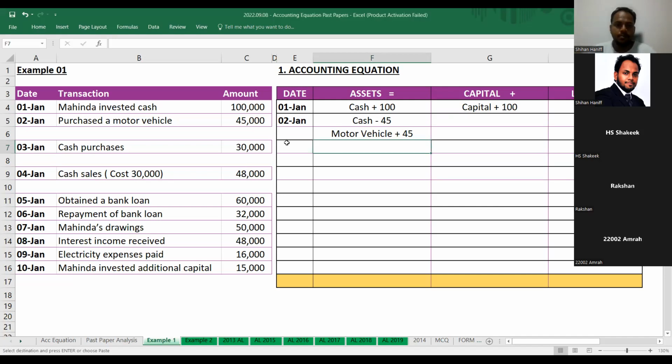Cash purchases, you give cash and buy stock. If they don't mention the asset name, if they say just purchases, that means they are purchasing inventory, stock. Cash will reduce and stock will increase.